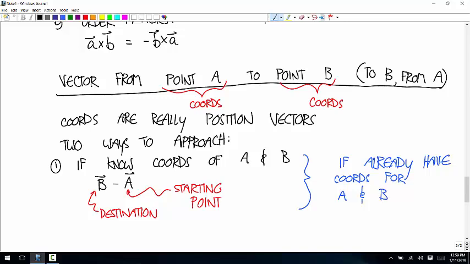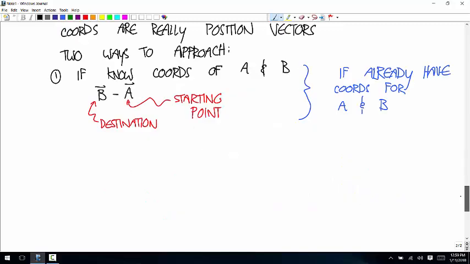But sometimes you don't already have the coordinates for everything in your chosen coordinate system, and you'd rather not go through the process of figuring out the coordinates for every point.